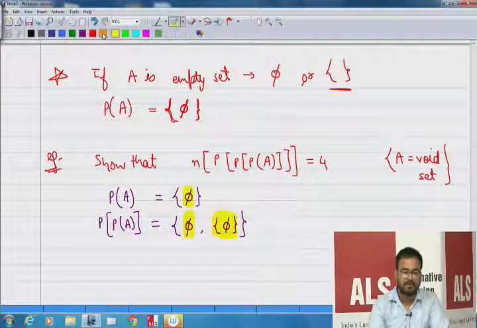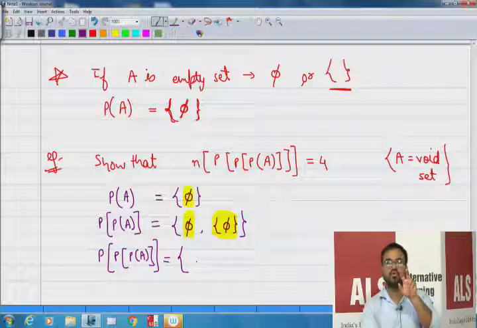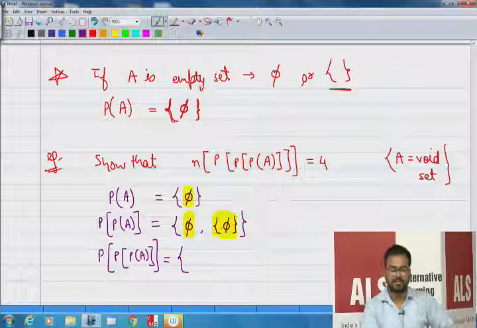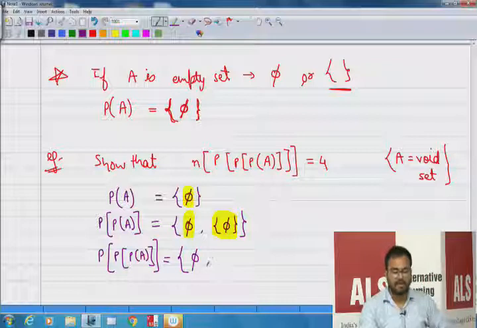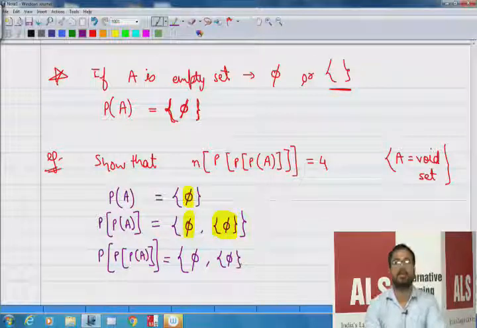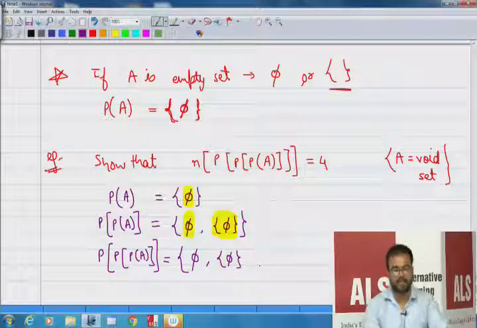Now again, if we are taking the power set of this thing, write it like this. Now it has two elements, you can see, one is phi and one is this phi which is in the braces. So the first element you will write is phi, which is the empty subset. Then the second element would be written in curly brackets, and this second element will also be written in curly brackets.